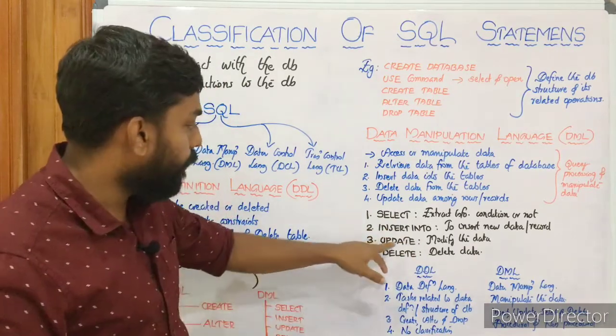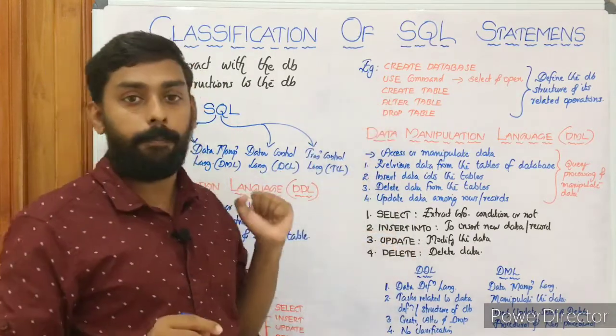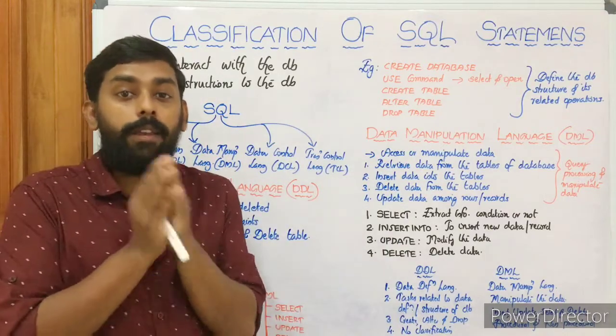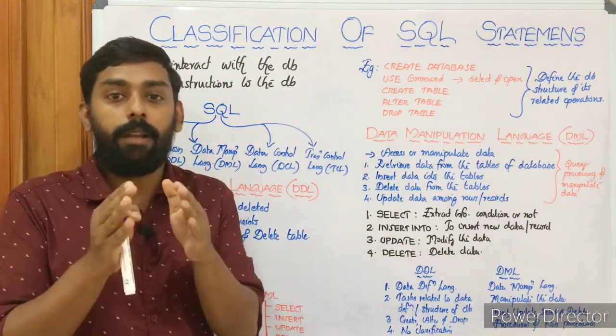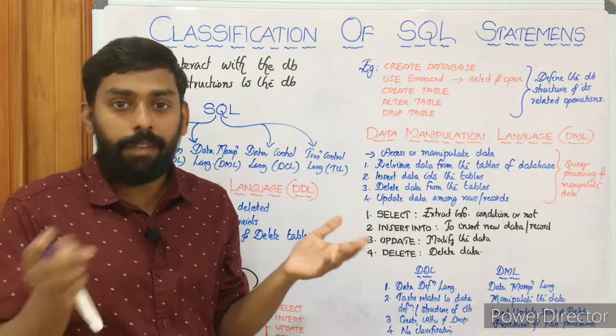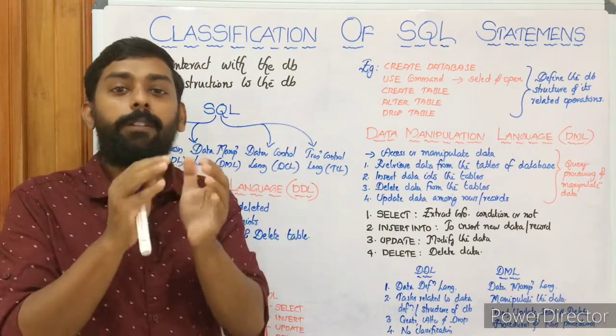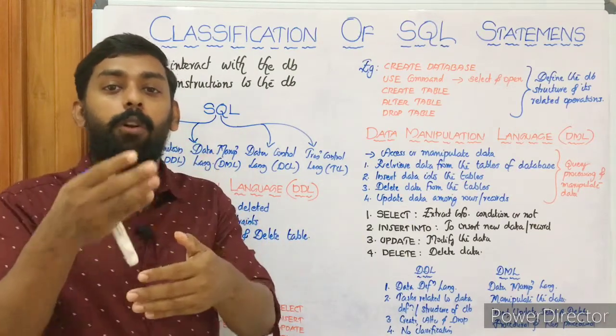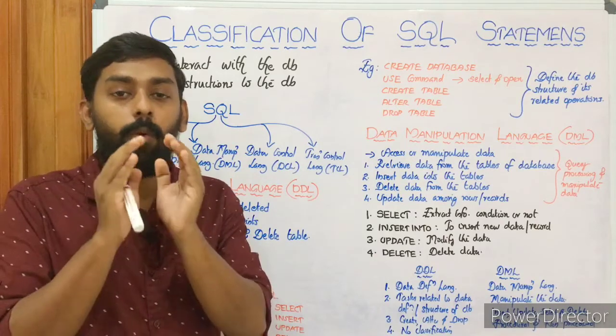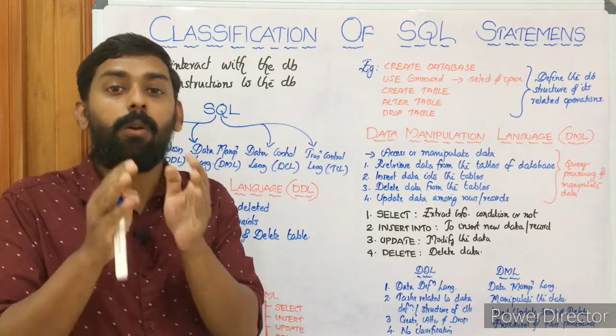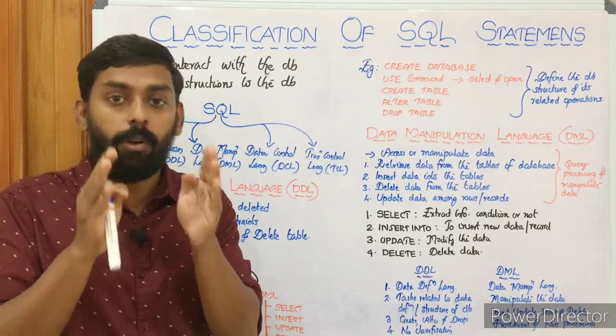Now let's look at the difference between update and alter. Alter is a DDL command and update is a DML command. That's the first difference. Second difference, alter is used to add a new column or remove an existing column, and it affects the structure or definition of the database object or table.